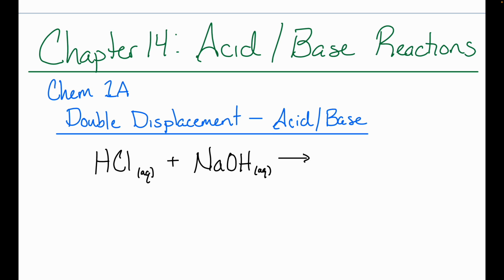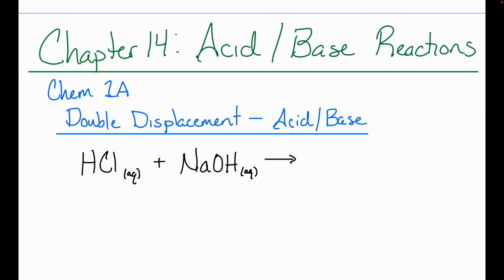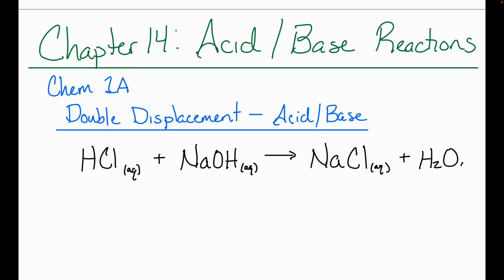All right, in these double displacement reactions, you would swap out the hydrogen and the sodium, swap your cations here, and you would have learned that this creates aqueous sodium chloride and liquid water.